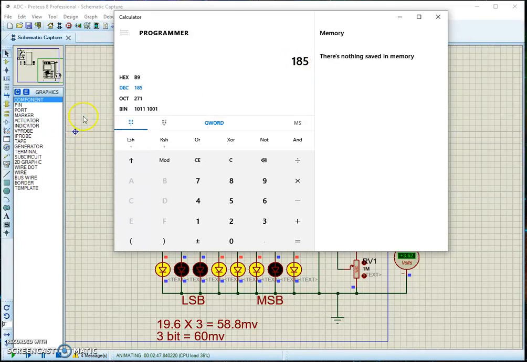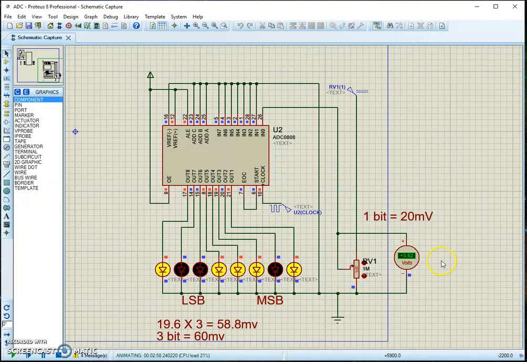So 185 in decimal, changed to binary, I got 1011 1001, the same number here. So this shows that the conversion is happening correctly.